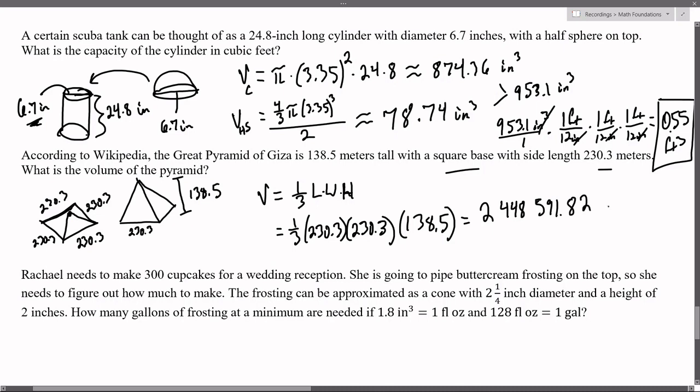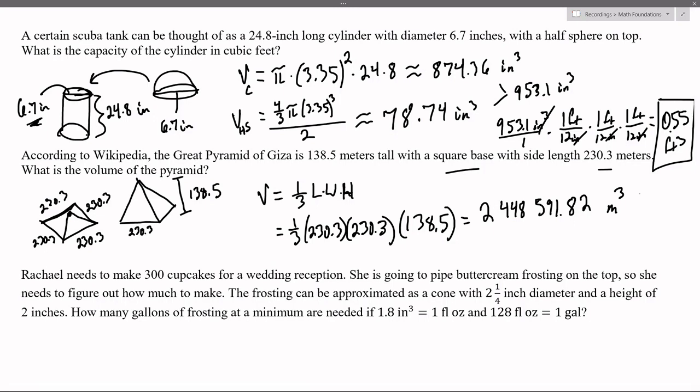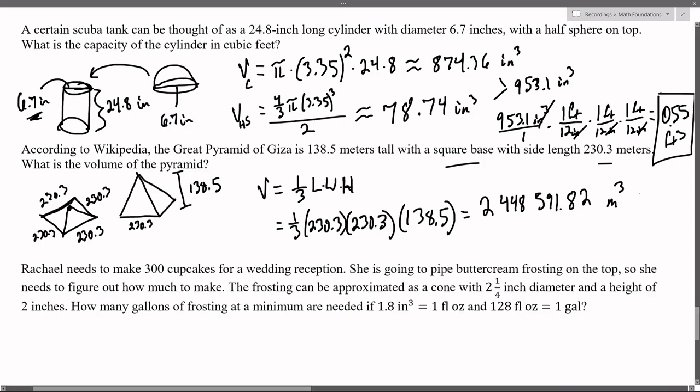We get 2,448,591.82. This is going to be meters cubed, because everything's in meters. And this, of course, is the pyramid that's above the surface. There could be stuff underneath the surface, but we're not calculating that because we don't know the dimensions of that.